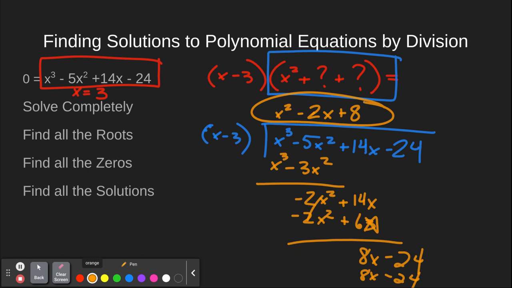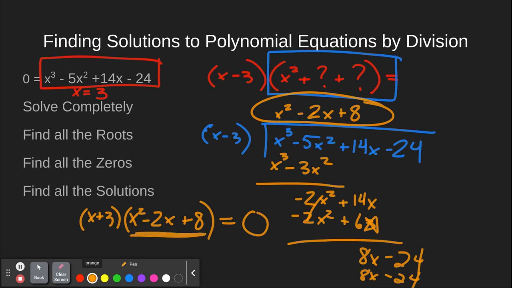So now we have this. Okay? So I know that x minus 3 times x squared minus 2x plus 8 has to equal 0. Well, look, this is a quadratic. I can solve this. Even though the answers are imaginary, I can solve it. I can solve it using the quadratic formula, or I can solve it using my quad 4 program. So I'm going to do that.